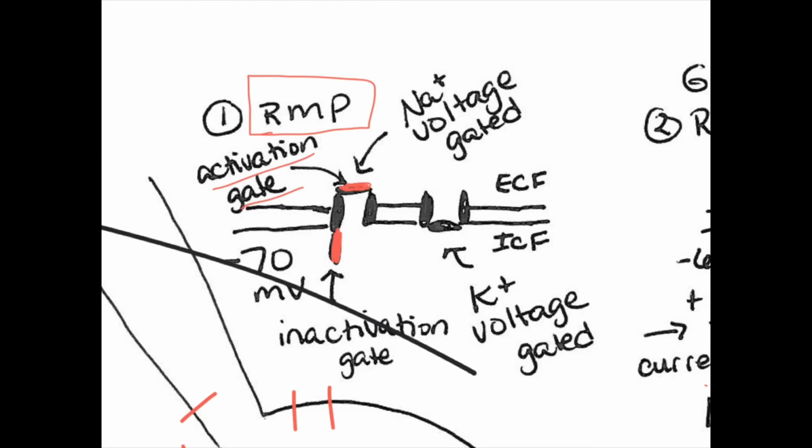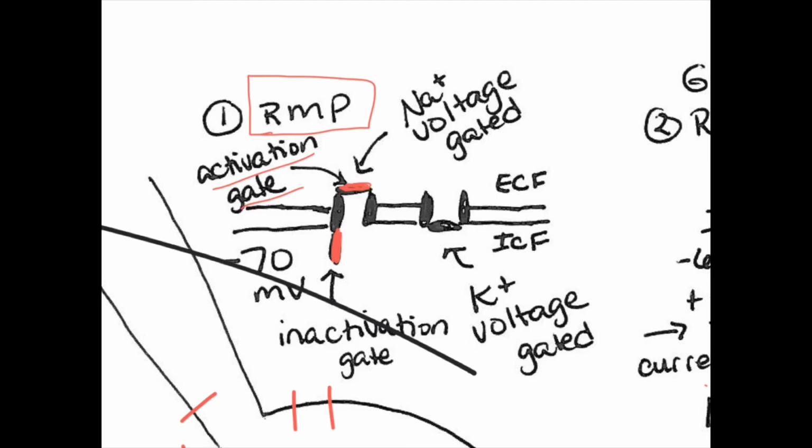But for the sodium channel, at rest, the inactivation gate is open and the activation gate is closed, okay? What that tells us is that if there's a stimulus, if you reach threshold, that activation gate can open. When the inactivation gate is open, there's a potential to get an action potential, right?